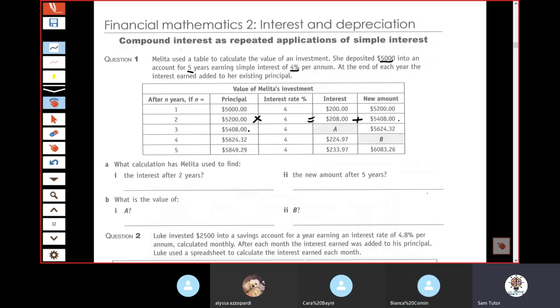So December 31st, think of it like that, becomes January the 1st of the next year. 5,408, that's what you start with, times by 4%, you'll get your answer for A. 216.32, and then add it on top together, and you'll get 5,624.33. That goes here, and I think you guys get the idea. With this, I'll just finish off the answer for B.